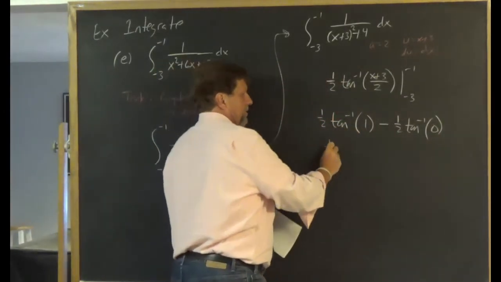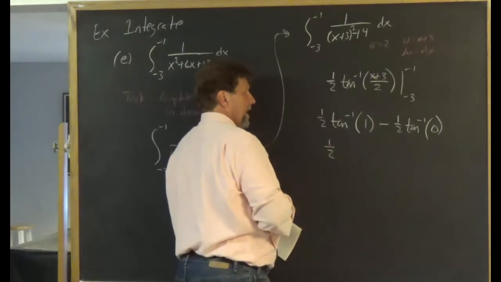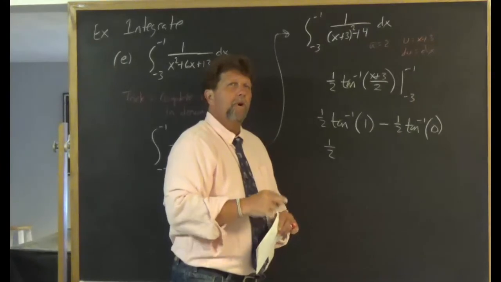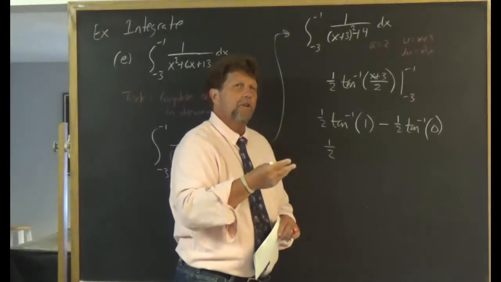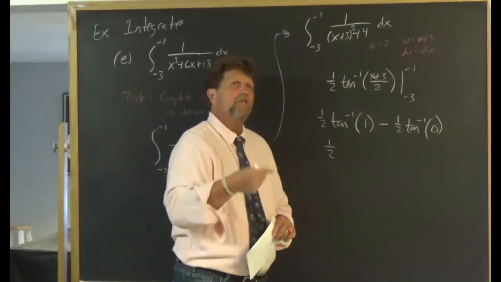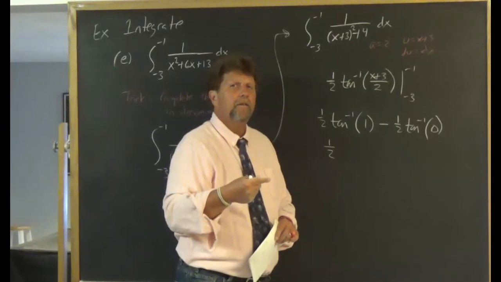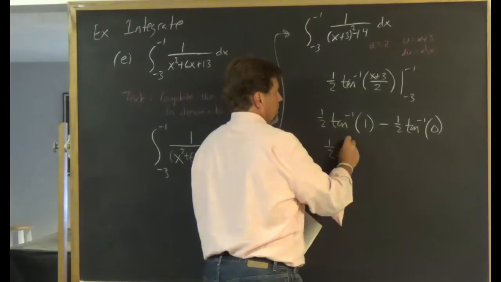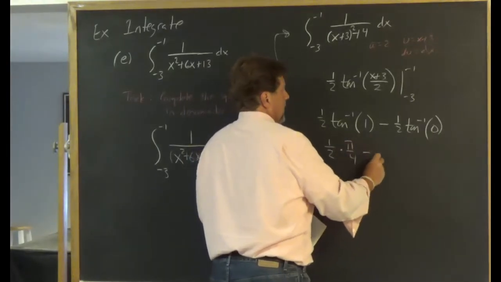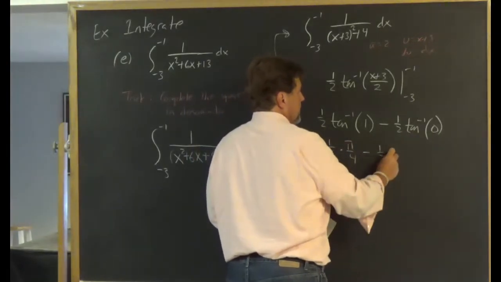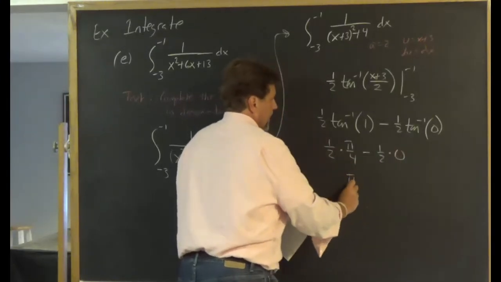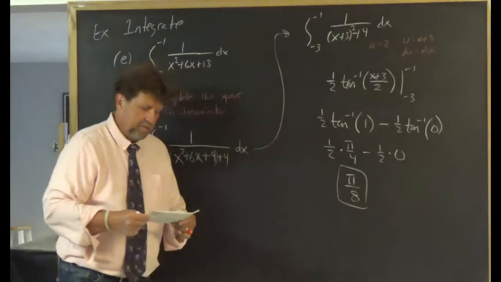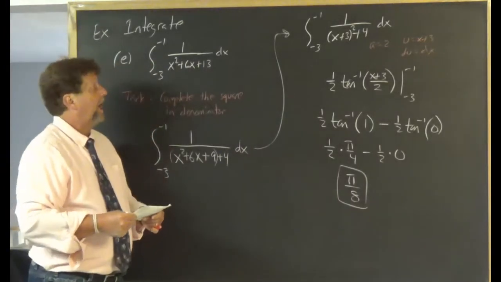So inverse tangent of 1: what angle on the right half of the unit circle has tangent equal to 1? That's right, pi over 4. And inverse tangent of 0 is 0, so we end up with the value of this definite integral as pi over 8.